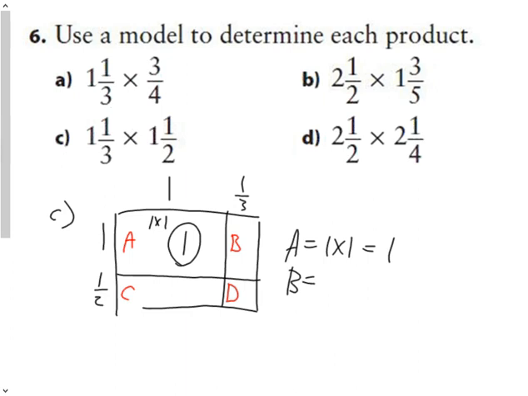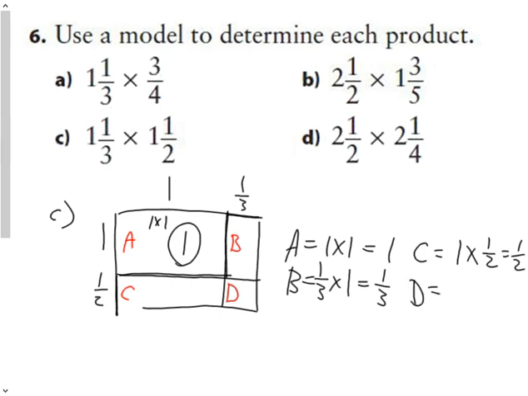B will be 1/3 times 1, which is a third. C will be 1 times a half, which is a half. And D will be 1/3 times 1/2, which is, multiply the numerators, you get 1, multiply the denominators, you get 6.